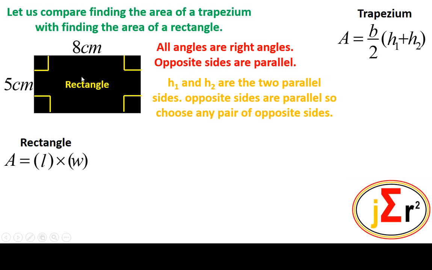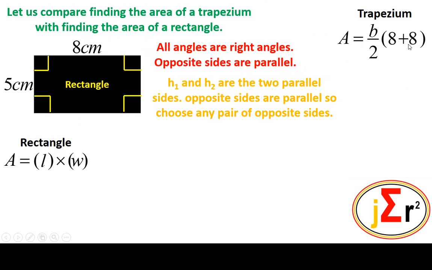Now we have two pairs of parallel sides here, so we can choose any two as the parallel sides that we will make reference to right here. So we'll take the upper and the lower. Those are the two parallel sides that we are considering. H1 and H2 are the two parallel sides. As a matter of fact, it does not matter.